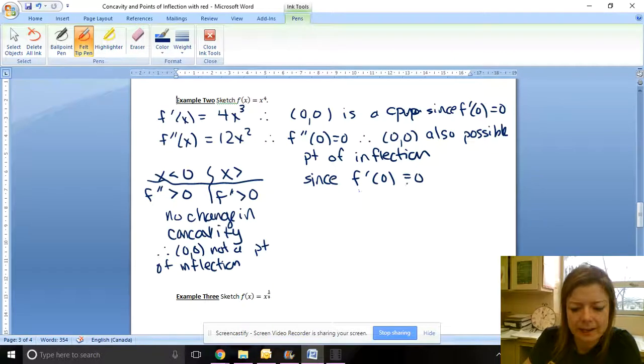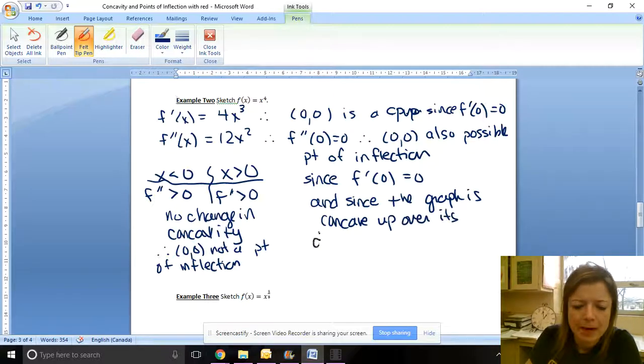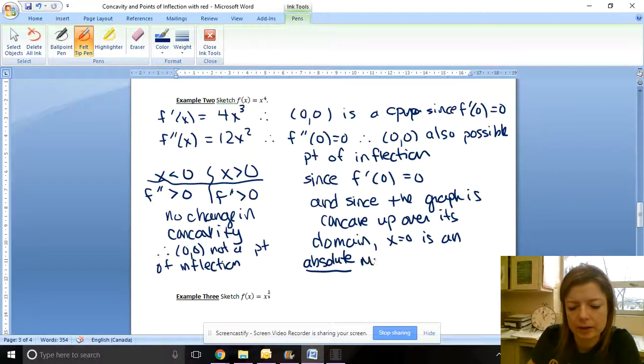Okay, and since the graph is concave up over its domain, we can actually conclude that x equals 0 is an absolute minimum. So it means that's the absolute minimum it goes in its whole domain.